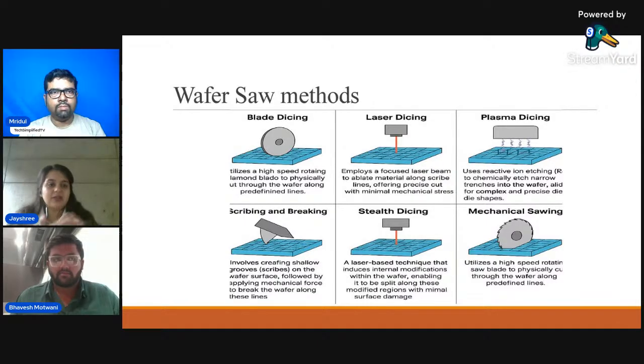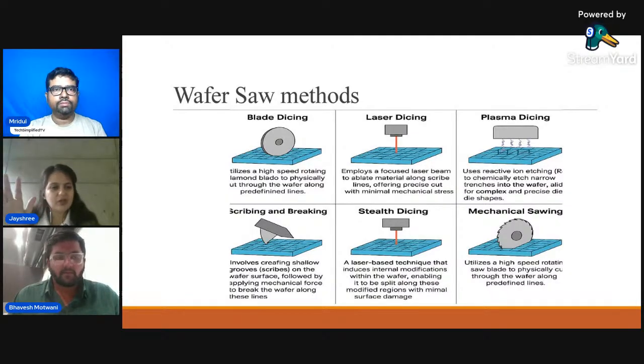There are markings, and there we provide mechanical scratches on the wafer surface, and then break it manually, or by providing stress. It was basically used in the older days and in low value applications. It's not practiced now, and the main disadvantage was low precision, and it was actually breaking the devices also. So it's not safe to use.